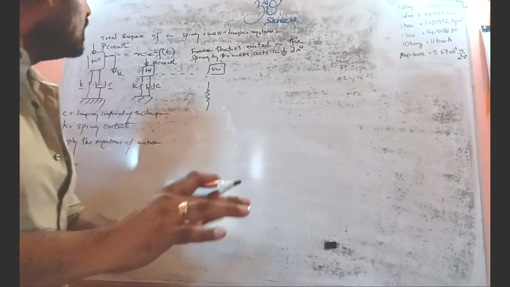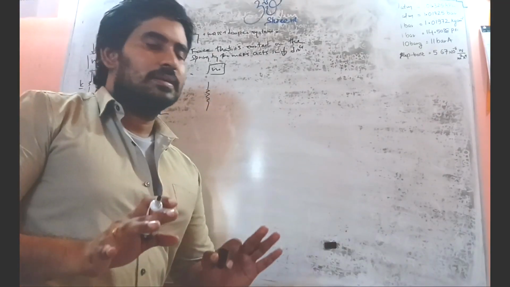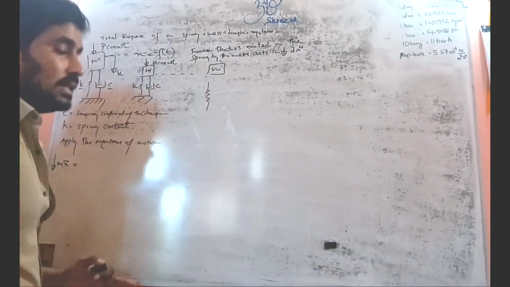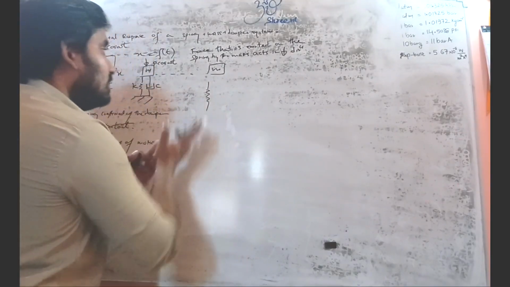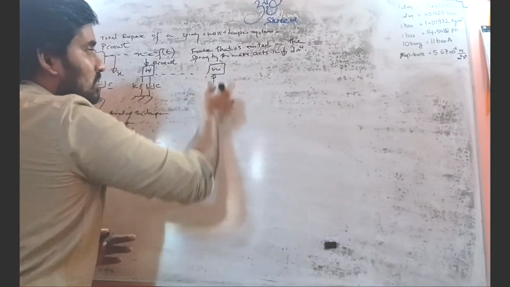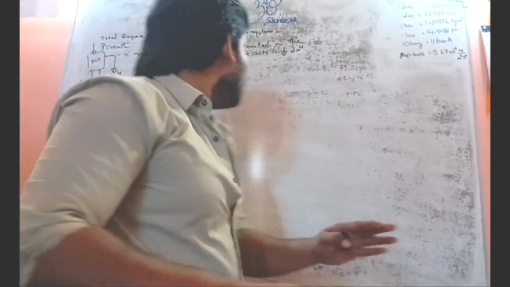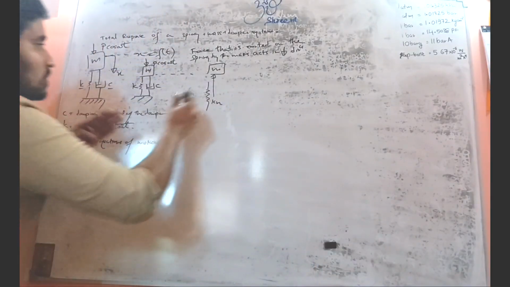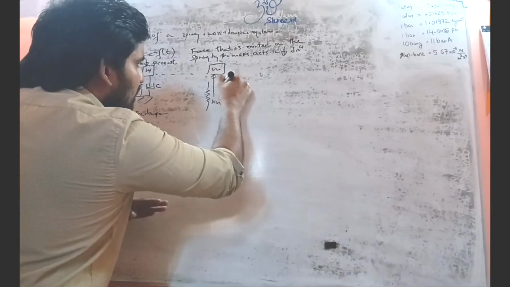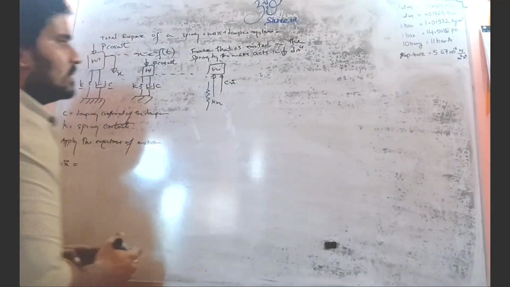That's what you have to keep in mind. So the reaction on the mass will be acting upwards, and its value is kx. Similarly, because of the damper, that will be c x dot.